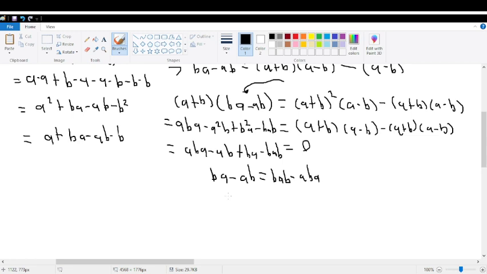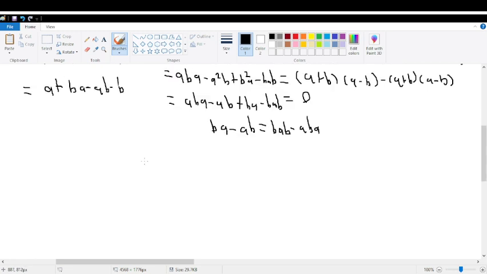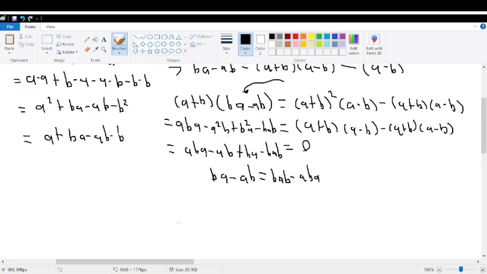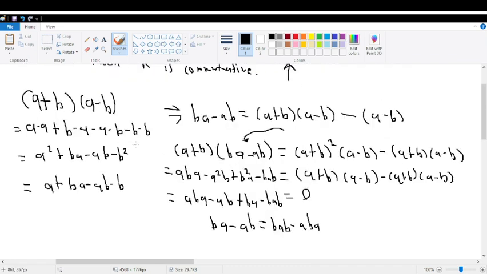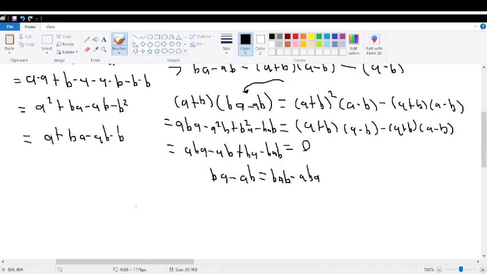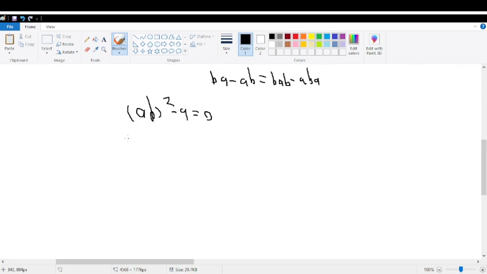Now from here we can't really do much, so what we're going to instead do is just go back to this. We have (ab) squared minus ab is equal to 0. So we have ab minus ab is equal to 0.